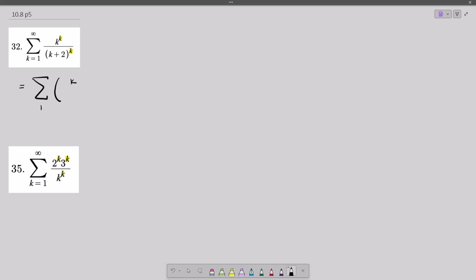So here we have k over k plus 2, all raised to the k. And here, if we did the same type of thing, we want to consolidate all these powers of k that we see. We would have that.